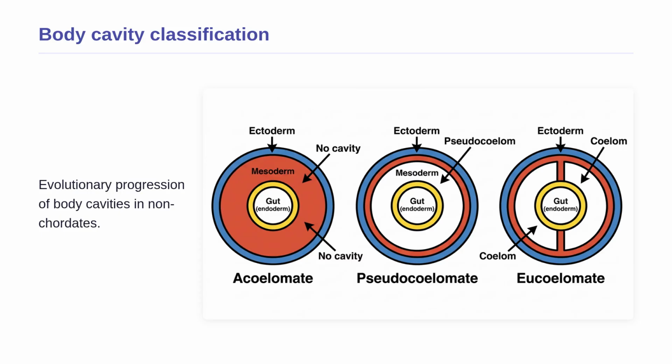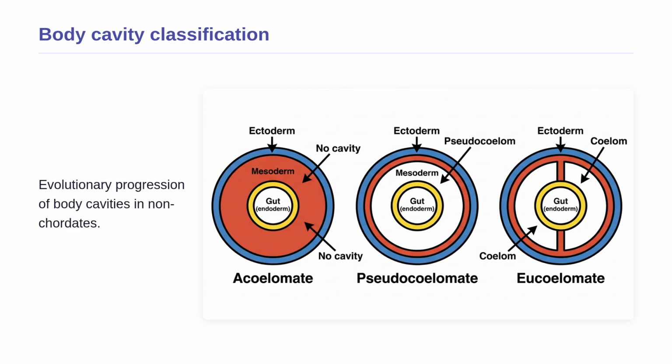This mathematical necessity brings us to the actual anatomical structures we use for classification, as shown in this diagram. You are looking at the evolutionary progression of body cavities in non-chordates. On the far left, we have the acoelomate body plan, like our flatworm, where the space between the gut and the outer layer is completely filled with solid tissue.